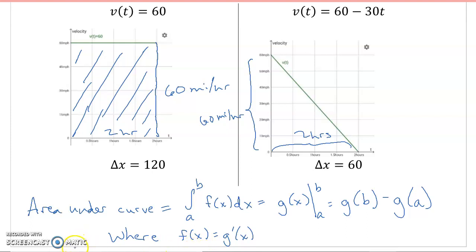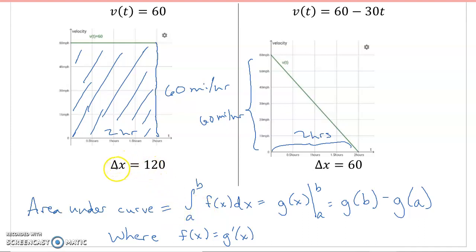And that's actually the fundamental theorem of calculus. And this is a really slick, quick way of calculating the area under a curve without having to deal with all those rectangles or trapezoids or using limits of sums. It's a much, much faster way of finding this problem.